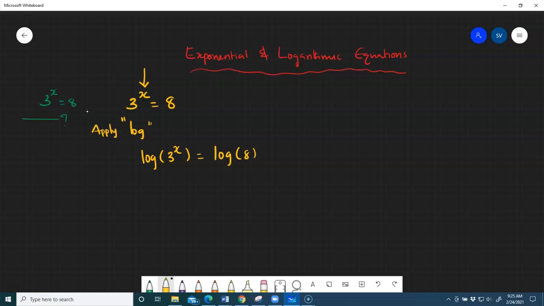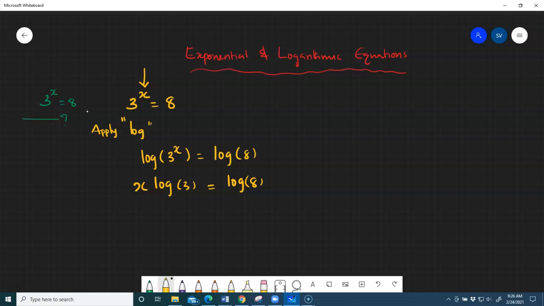Now you can see the log of an exponential term, so you can apply the power rule. The power comes in front of the log. Here the power is x, so in the next step you can write x log 3, because of the power rule, is equal to log 8.